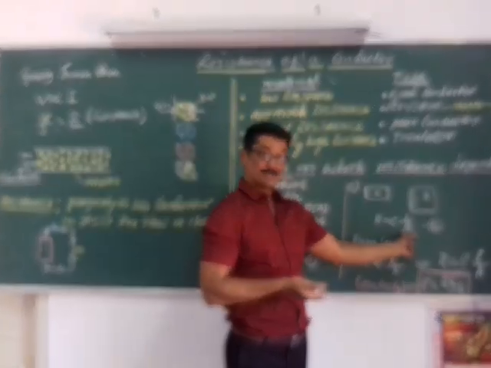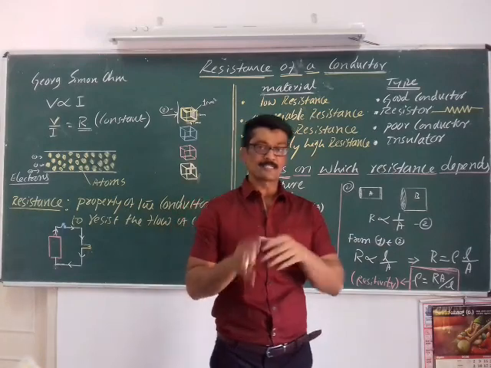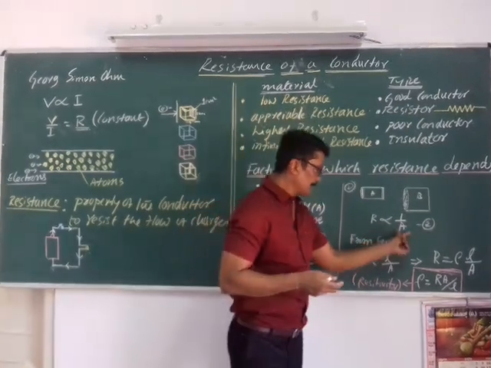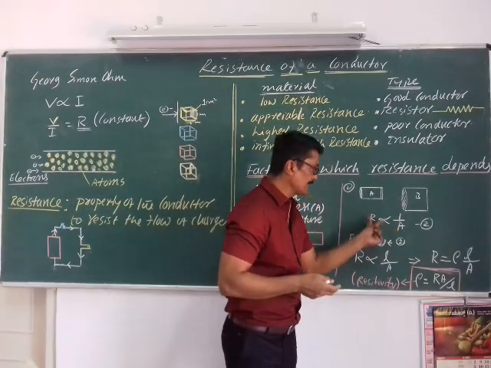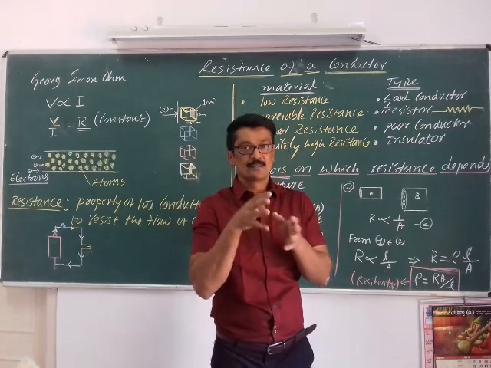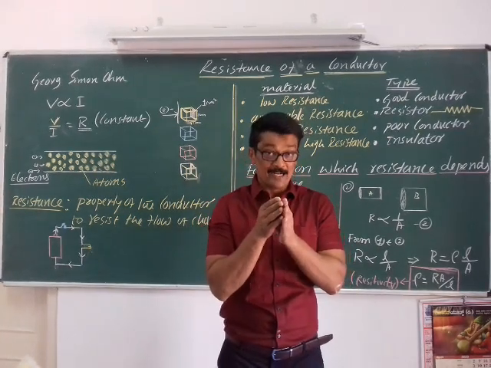More the area, lesser the resistance. Electrons find more space and they can move easily. If area is less, resistance will be more. If area is less, electrons cannot move easily in the smaller area.